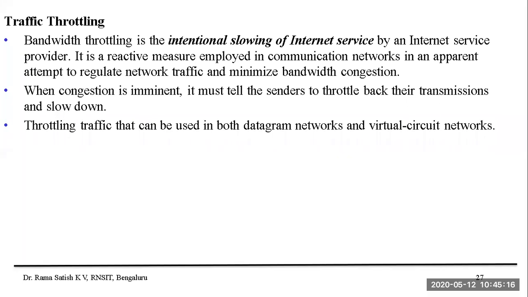So intentionally, the internet service provider will automatically slow down. He knows there is going to be traffic during evening time. He knows the capacity of his entire network, 30 Mbps, 30 million people can transmit.